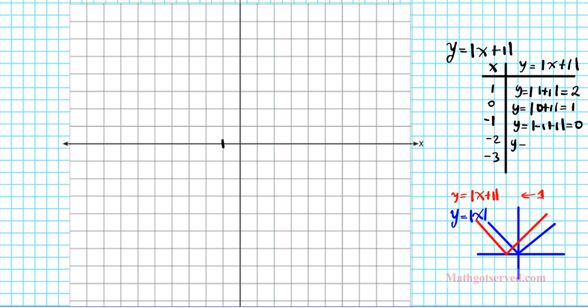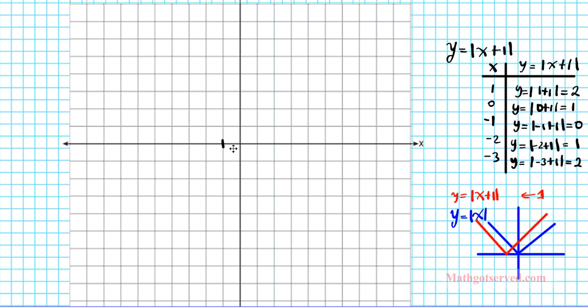And then for -2, the absolute value of -2 plus 1 is the absolute value of -1, which is 1. And for x equals -3, the absolute value of -3 plus 1 is the absolute value of -2, which is 2. Anytime you take the absolute value of any number, you always end up with a positive answer.